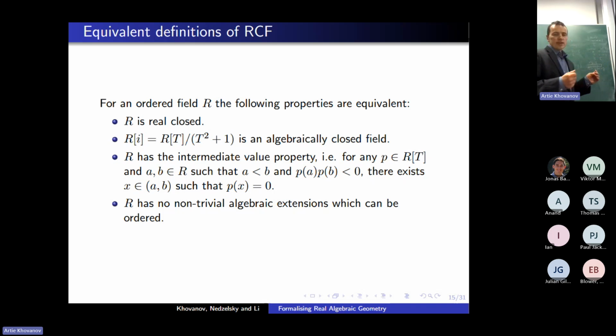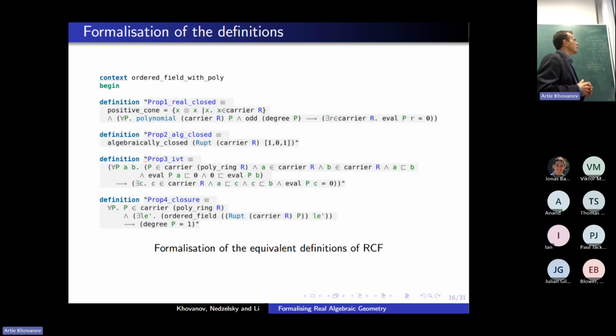And now we can look at the formalization of this in Isabelle. So we have a local ordered field with order, and the first one is a direct translation. Positive is basically a subset of all non-negative elements of carrier R, and it says that yes, it's inside this set of squares.